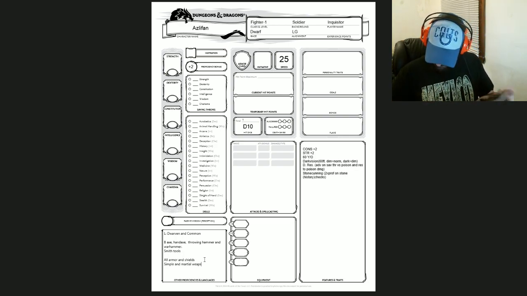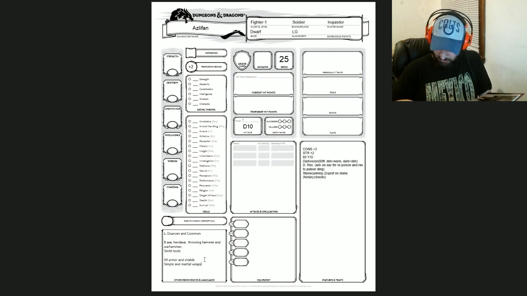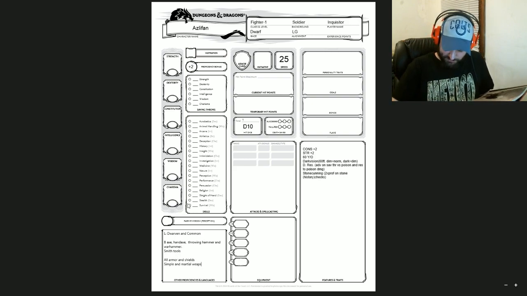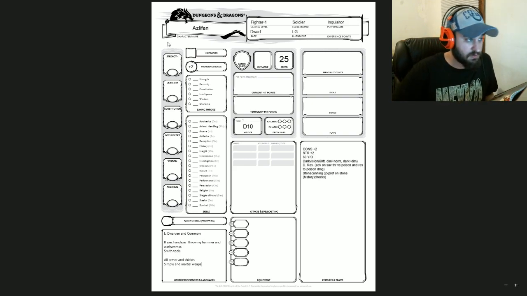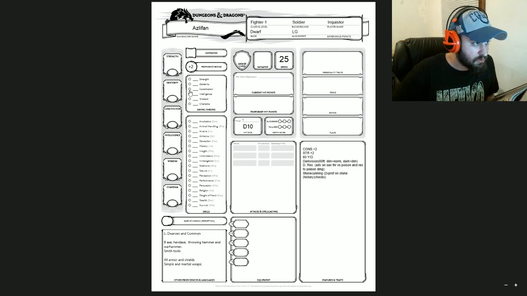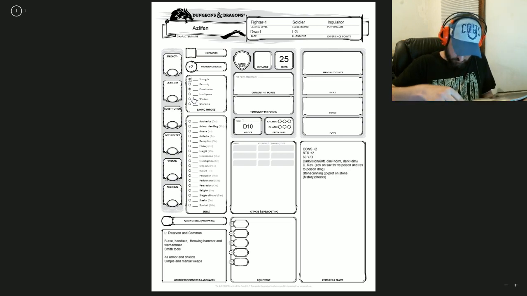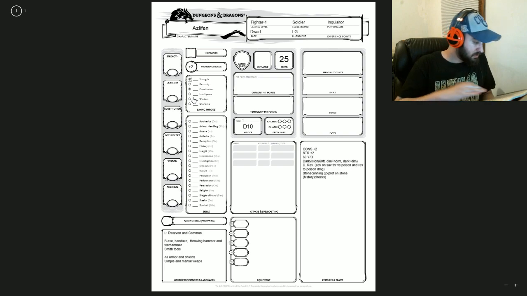Right after that, we have the tools. We have no proficiency with tools, and the saving throws we have strength and constitution. So constitution right here and strength right here, right? Skills.